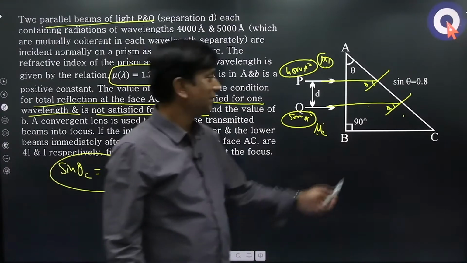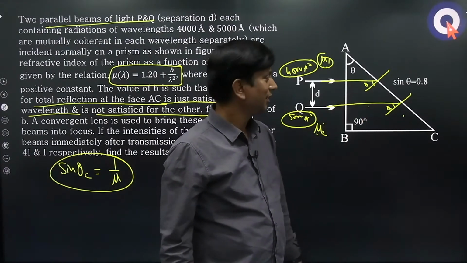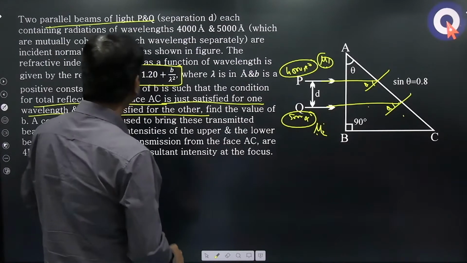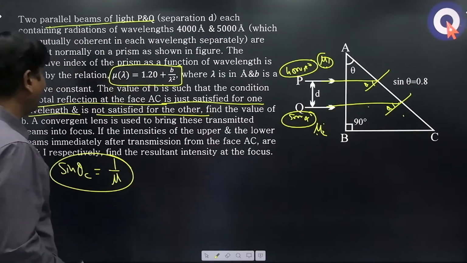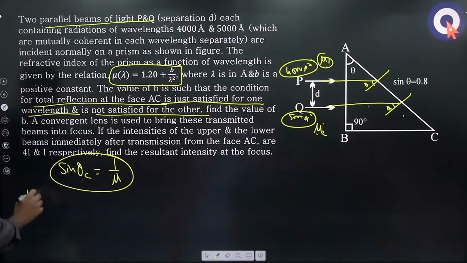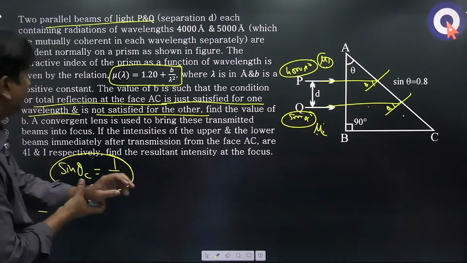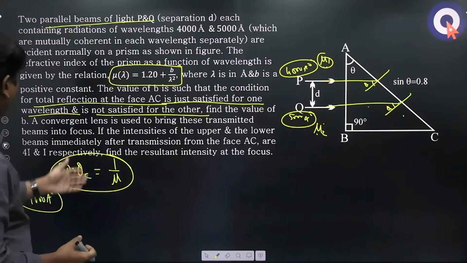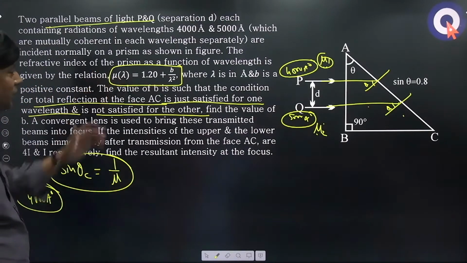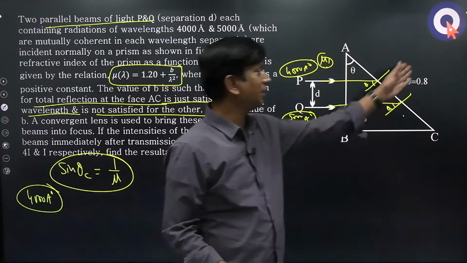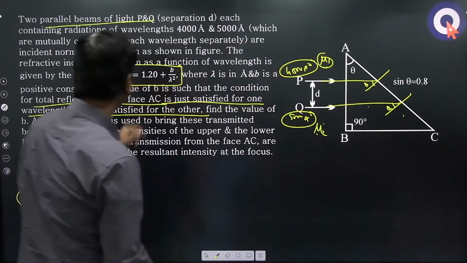So that means this theta is exactly equal to the critical angle of this one. So how much is the critical angle for 4000 angstroms? Sine of the critical angle is 1 by nu, that is 1 by refractive index of the denser medium relative to rarer.